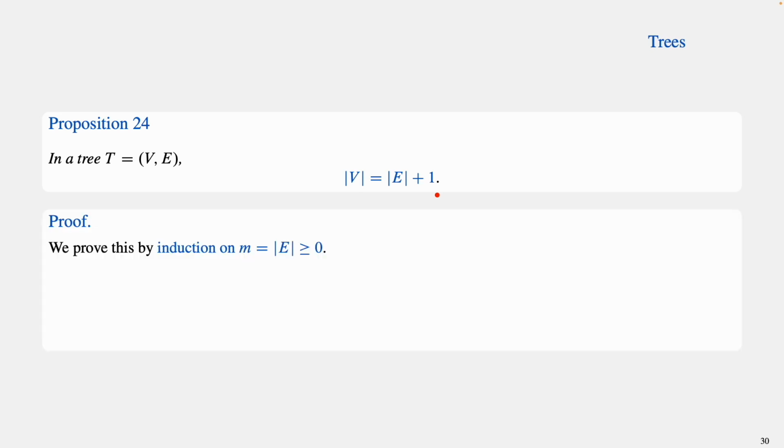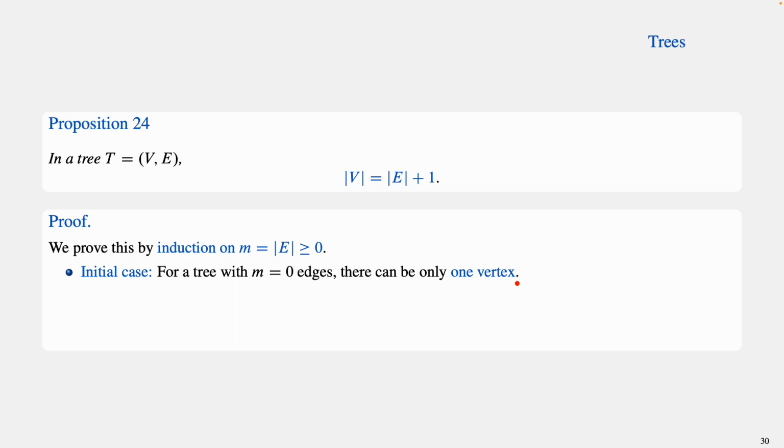And we do prove this by induction on the number of edges. So I call this M, the number of edges, which is greater or equal to 0. The initial case in the induction is where M is equal to 0, but that means we don't have any edges, and so there can be only one vertex in the tree.